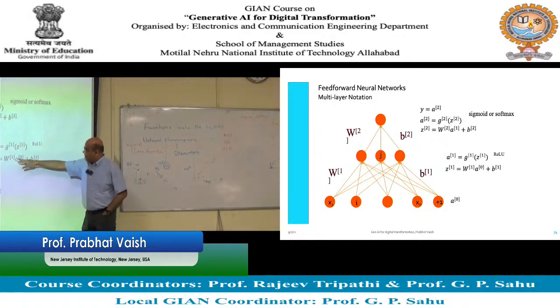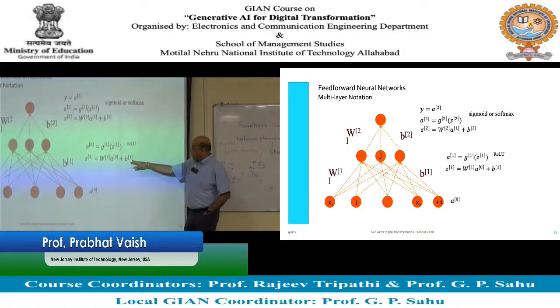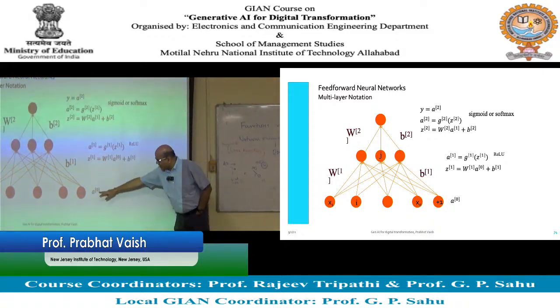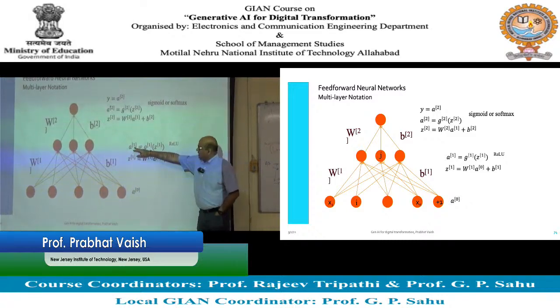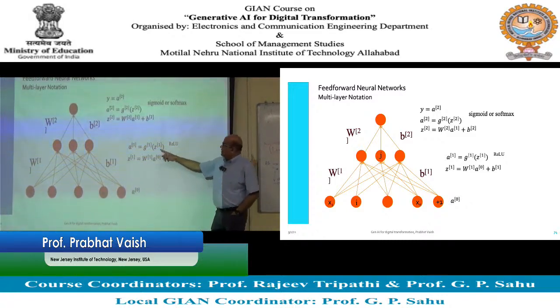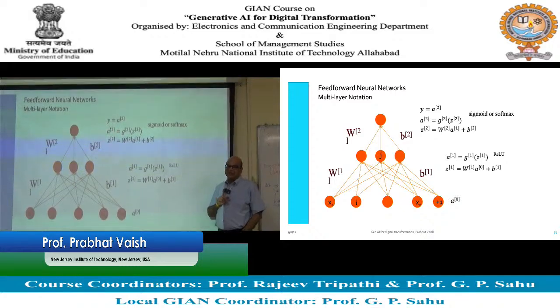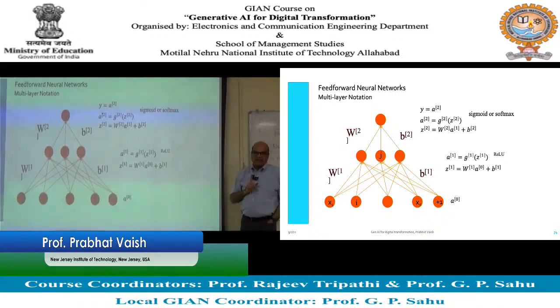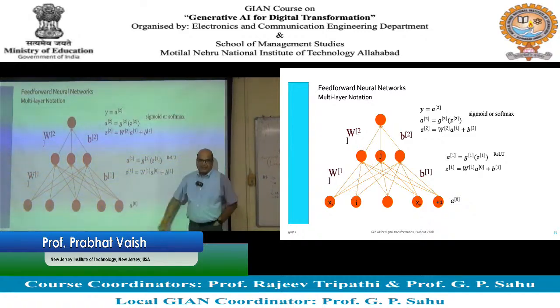We have seen this, W multiplied by the input plus the bias. The input here is A0, which is basically the bias or fixed input. At the next point, A1 becomes function G of whatever is the output from this layer. So keep this in mind. We're going to talk about this when we are looking at back propagation. At each level, we have a function. At this level, it will be a function of the output. Is that point clear?